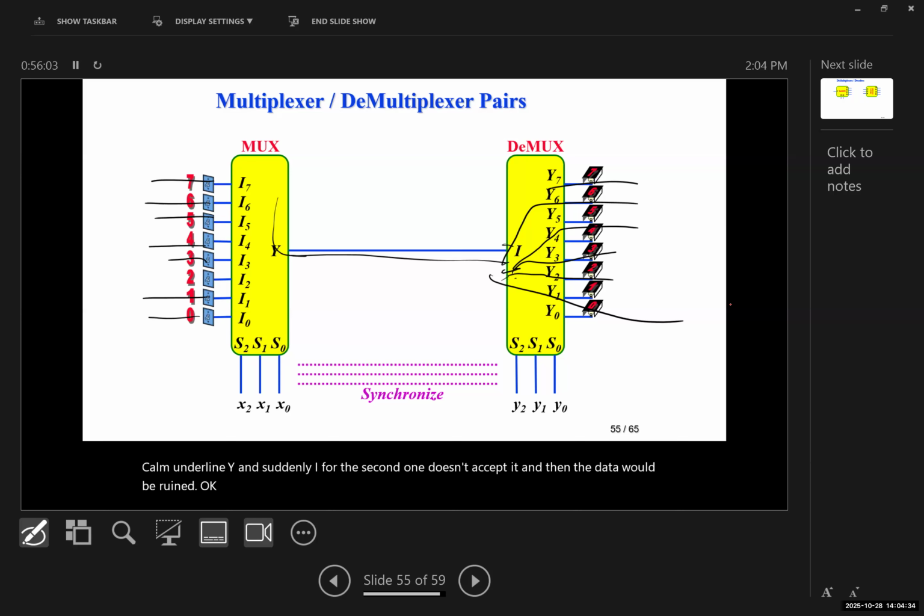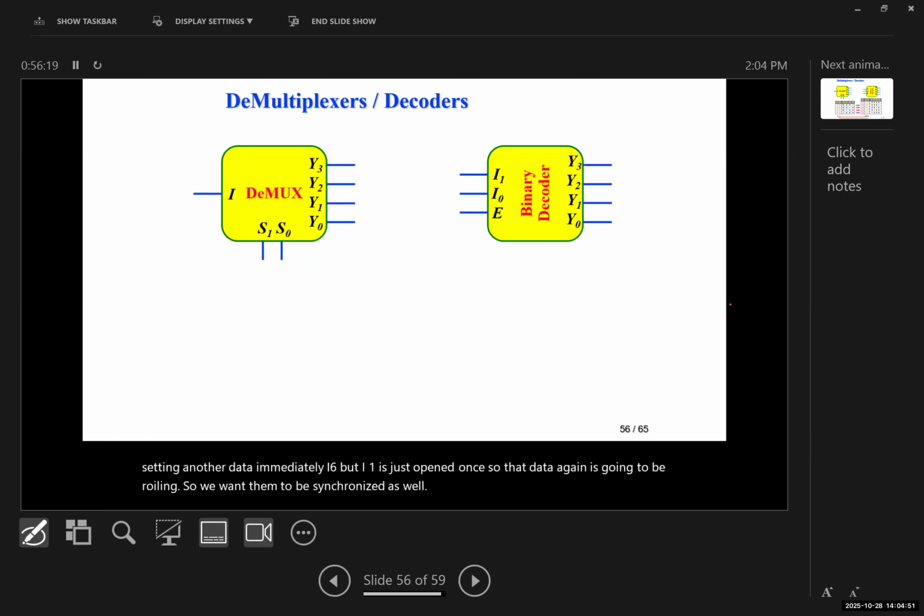Or imagine x0, x1, x2 is sending one data, I0, and then sending another data immediately, I6, but I1 is just opened once. So the data, again, is going to be ruined. So we want them to be synchronized as well. That we do through a clock system.